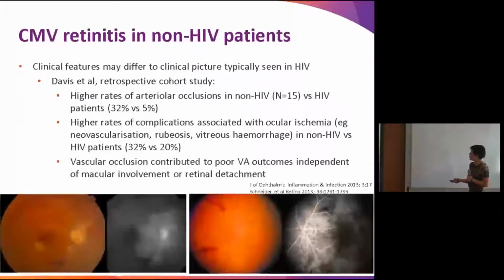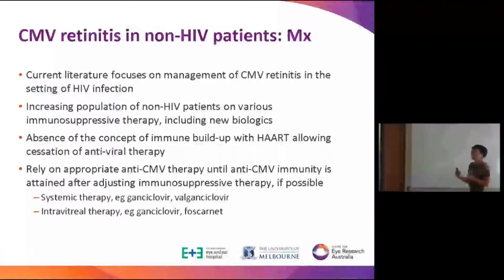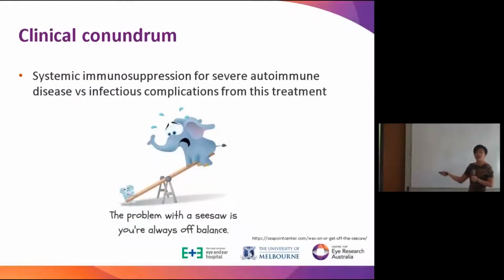She highlights that CMV retinitis in otherwise immunocompetent non-HIV patients looks different to what we would normally look for. And we don't really know how to treat these patients long term because we can't stop their immunosuppression. So we've got this unenviable seesaw between too much immunosuppression and CMV retinitis, and too little immunosuppression, and she can't get out of bed from her underlying disease.